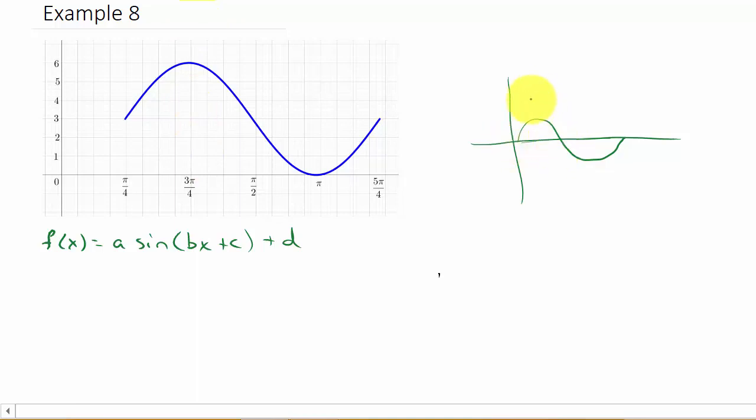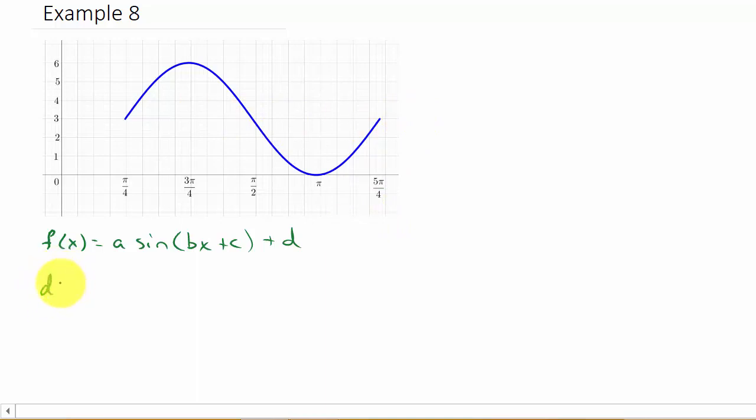So that means, if it's shifted up, this middle part shifts also. So that's what we need to find, is this line here. How much has it shifted up? All right, so I mean, obviously we can see that it's 3. But let's go through the calculation. Let's write it out so you can see how to get it.